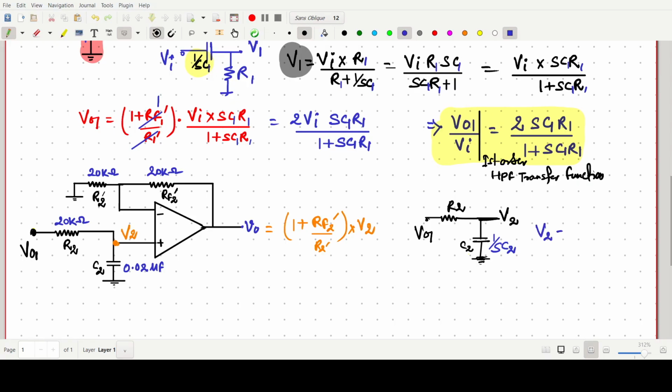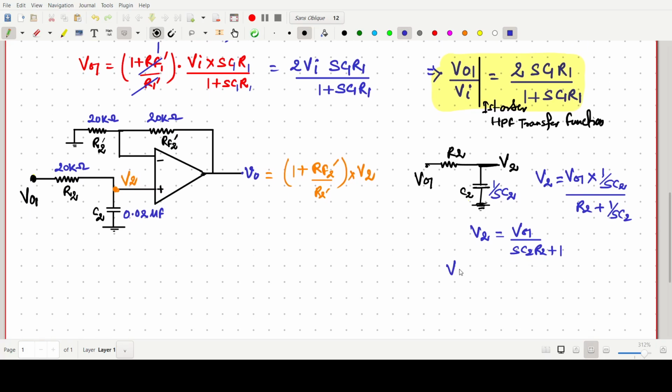Then V2 can be written as V naught 1 into the opposite impedance, 1 by SC2, upon R2 plus 1 by SC2. So V2 can be written as V naught 1 upon 1 plus SC2 R2. Then V2 upon V naught 1 we can write as 1 upon 1 plus SC2 R2.